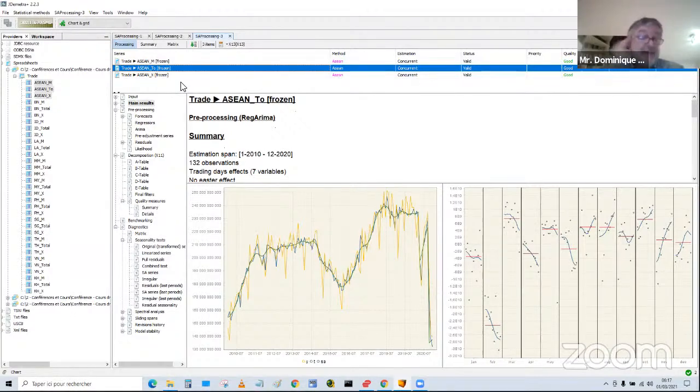For example, I guess the total of the ASEAN exports is the total of the exports of the zone or not? No, because it is completely reconstructed.